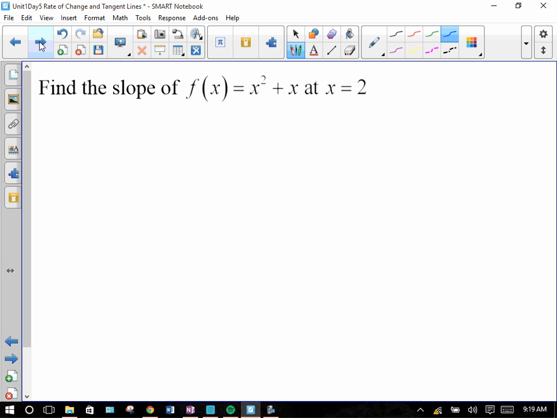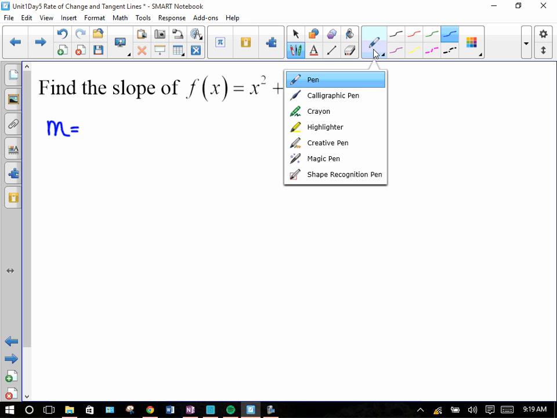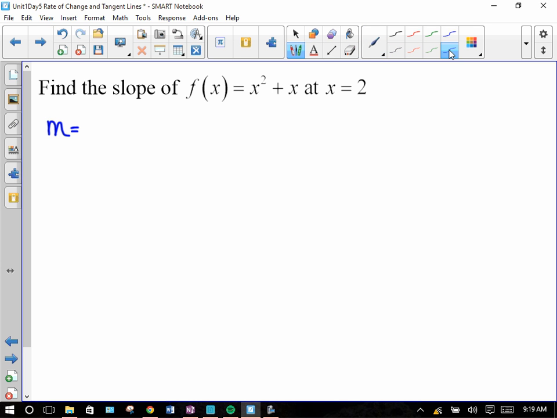What you would do here is take this function and use that definition of slope that we just had, where m is equal to, let's get a little fancy and use some calligraphy, f of a plus h minus f of a. That looks beautiful. It looks like real math handwriting. All over h.